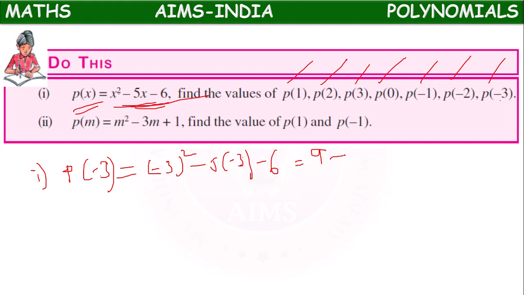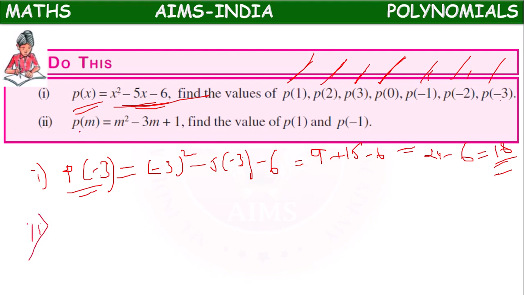Minus into minus is plus, 5 threes are 15, minus 6. 9 plus 15 is 24, minus 6 is 18. So the value of p of minus 3 is 18. In the same way, for the remaining points also, you can find the value of p of x. Okay children, you can practice them later as homework.